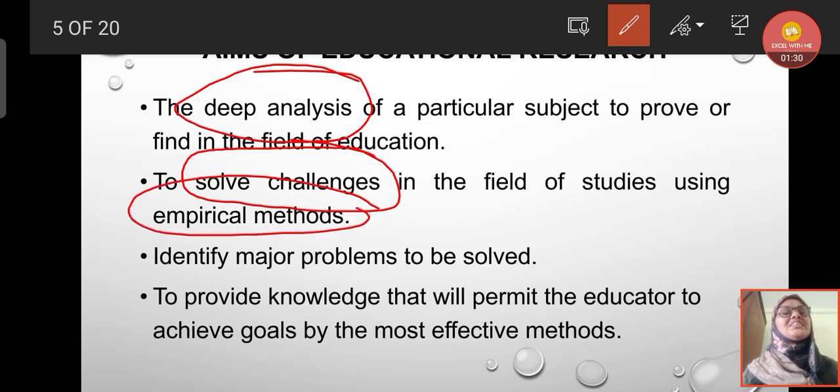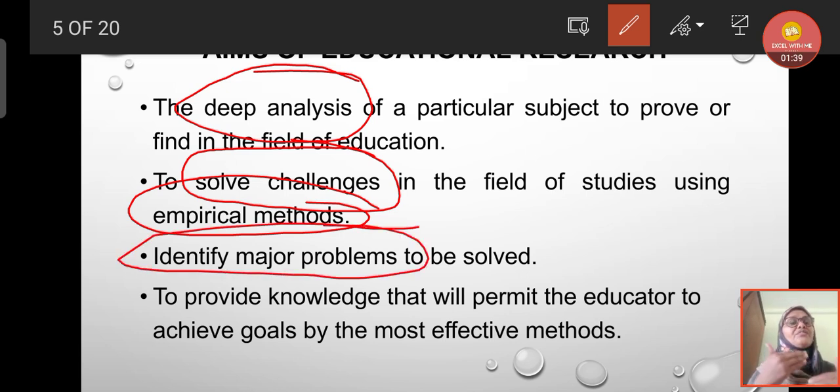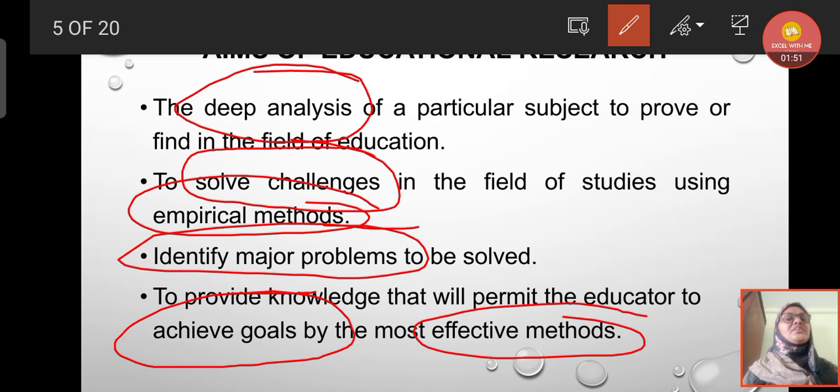That means using statistical data here. Now, the third one is identifying. Identify major problems. What is the aim here? Identifying the problems to be solved. Next, what is the aim? To provide knowledge that will permit the educator to achieve goals. How? With effective methods. So, these are the main aims.